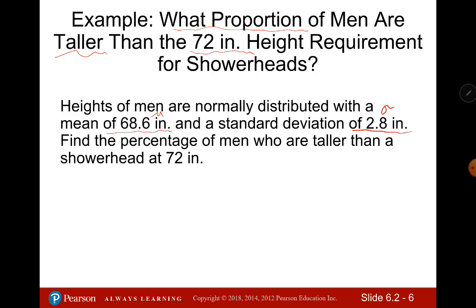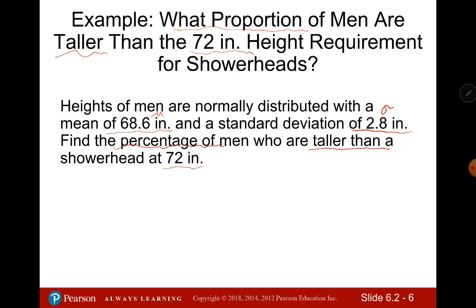We are interested to find the percentage of men. Percentage of men here is just the proportion of the men. It's just the probability of men. How can we get to the proportion, probability, percentage? We always check the area under the curve. And here we're talking about taller than 72, so greater than 72.